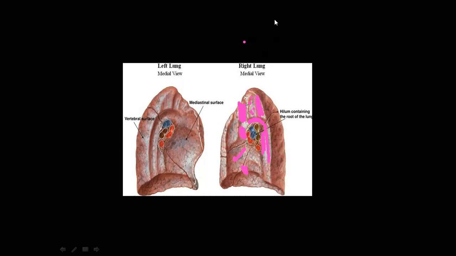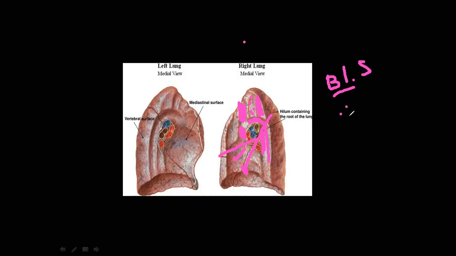We have two fissures here. What is the name of this fissure? Oblique fissure. And? Transverse, or horizontal. Easy. Who can tell us the blood supply of the lung? Bronchial arteries.